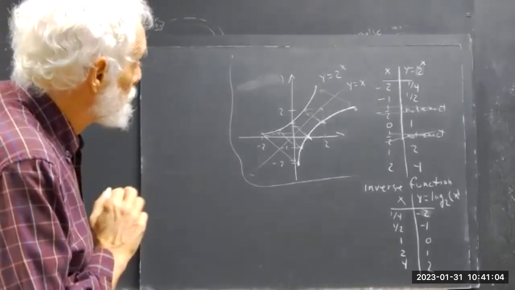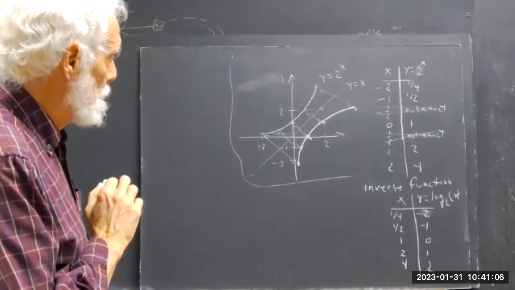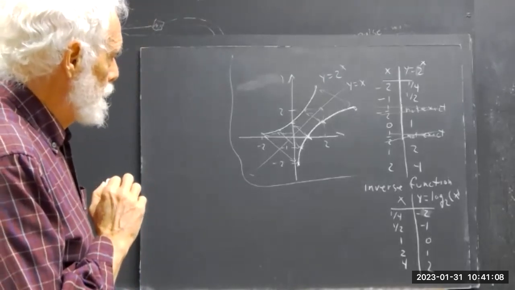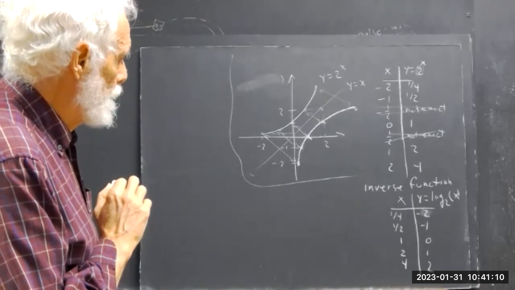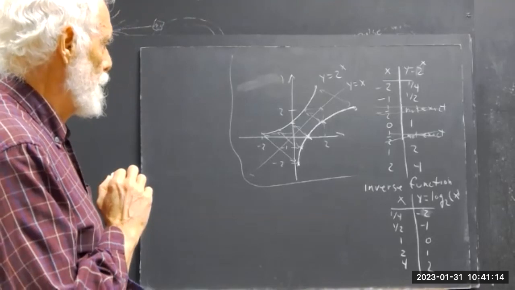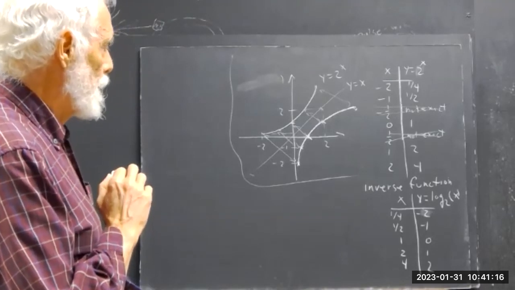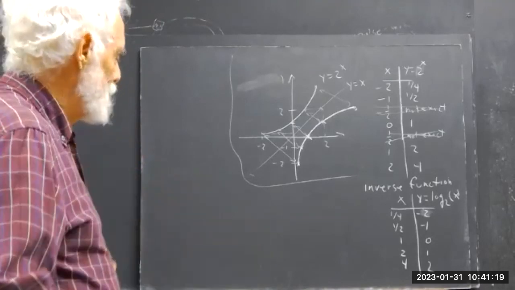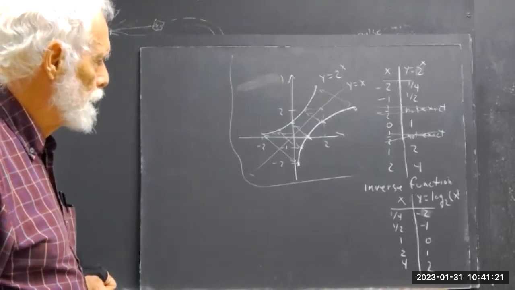Let me just think. I don't really want to use the squaring function as the inverse restricted domain.